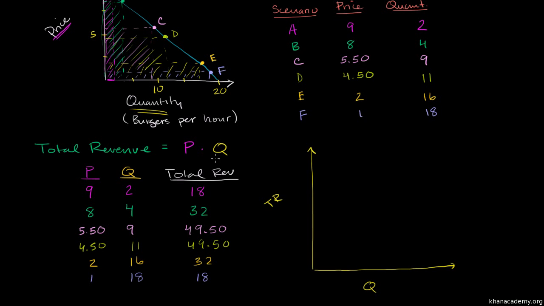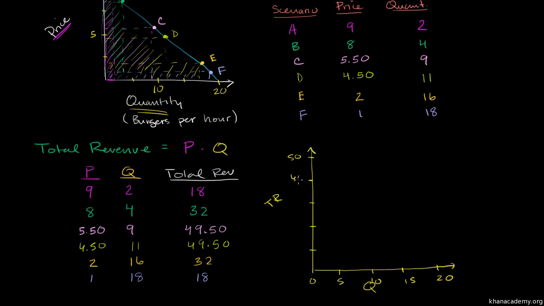And we're going to go from 0, 5, 10, 15, and 20 right over here. And then total revenue gets pretty close to 50. So this is 10, 20, 30, 40, and 50.